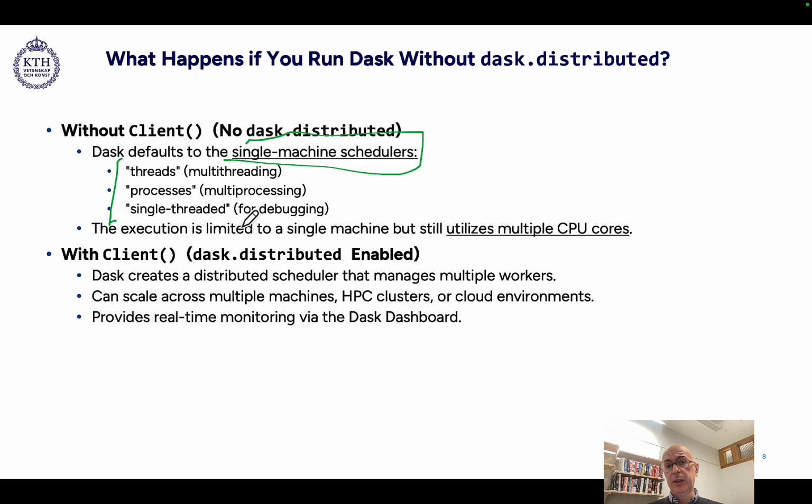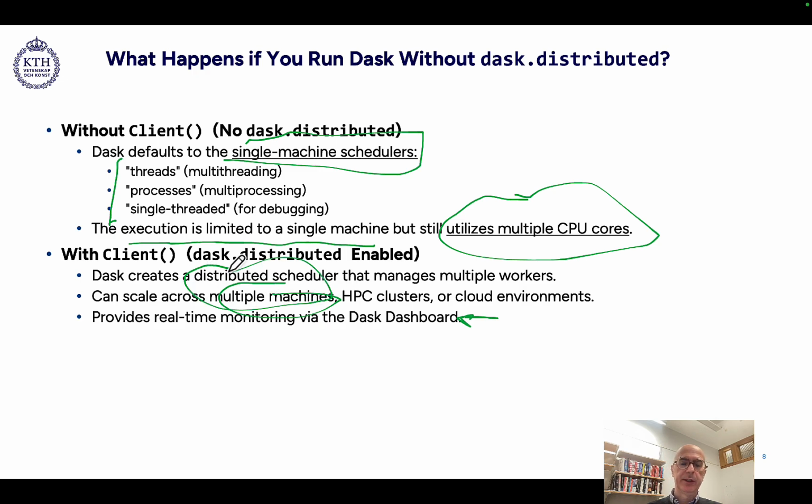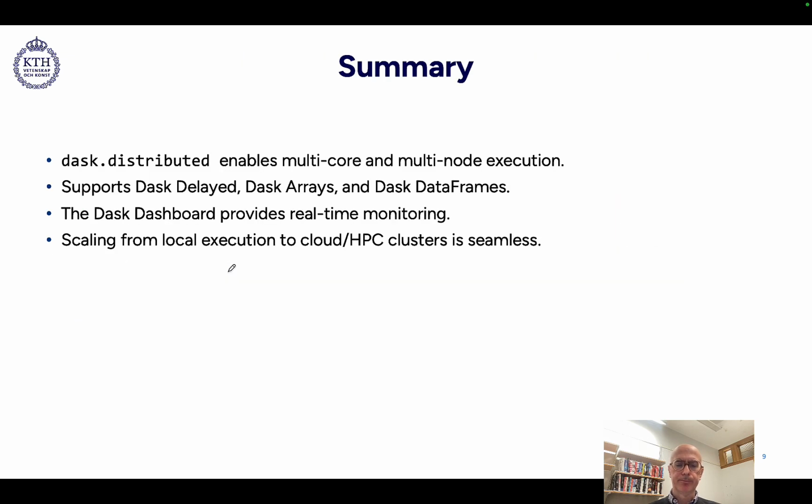The main reason is that the execution is still limited to a single machine, but we will still be able to use multiple cores. If we use dask distributed, then we have the cool feature of real-time monitoring. We can scale across multiple machines like a supercomputer, and we are also dealing with a distributed scheduler, which is a little bit more advanced than the simple dask scheduler.